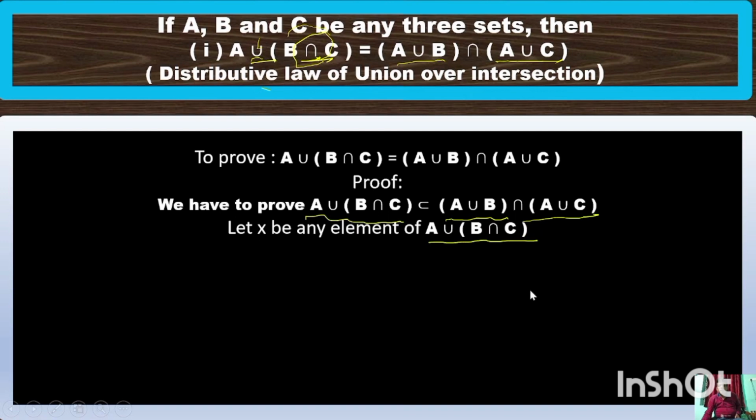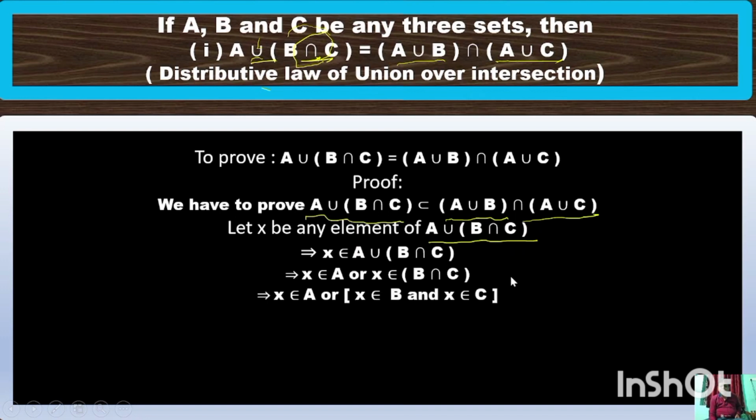Understand? It means X belongs to A union (B intersection C). If you carefully see, X belongs to A, or X belongs to B intersection C.